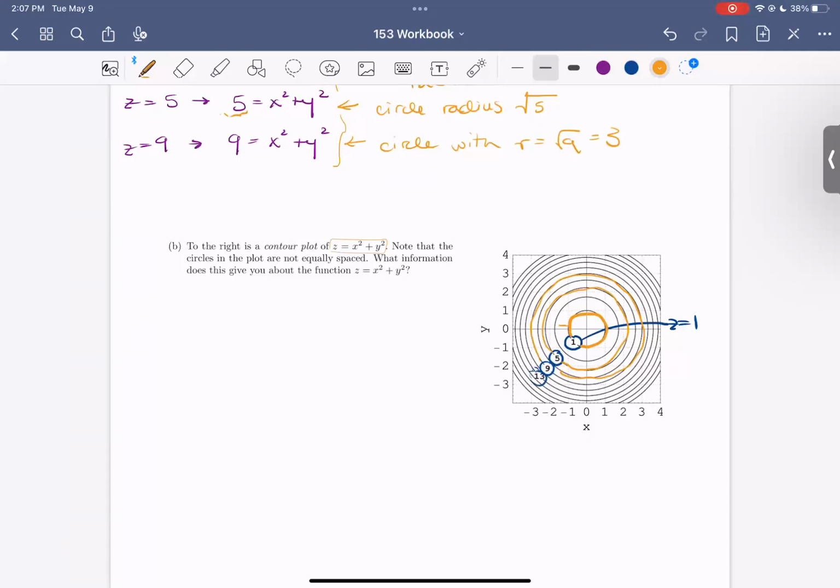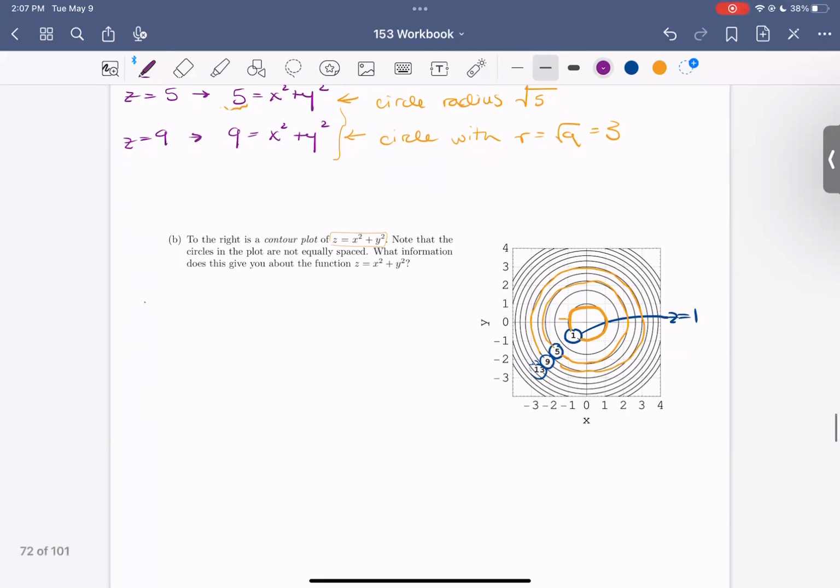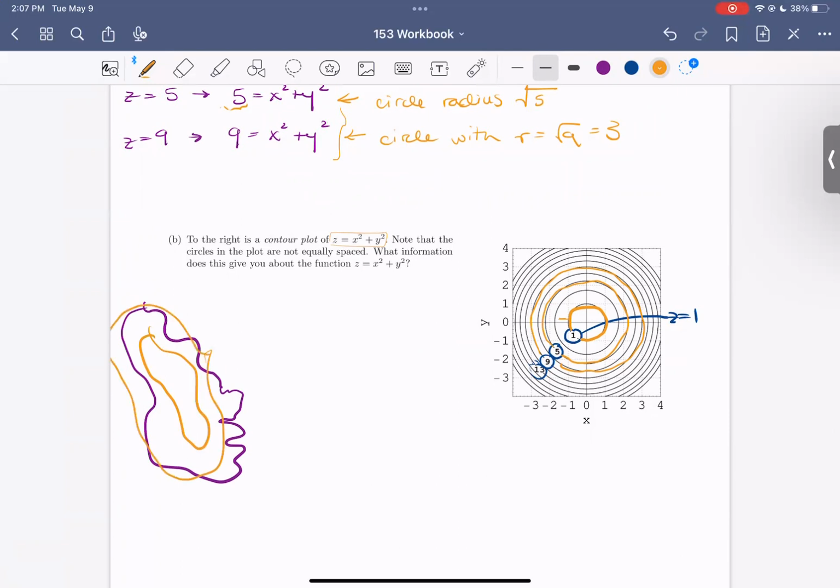One thing we can ask is about the steepness of our function. You might have seen graphs like this before in the form of a map. If you go hiking, you might be given your hiking route, maybe a loop, but you're also given some other curves, and these curves tell you about the elevation. These topographical maps are exactly these kinds of contour plots; we just don't call them contour plots when we're looking at a map.